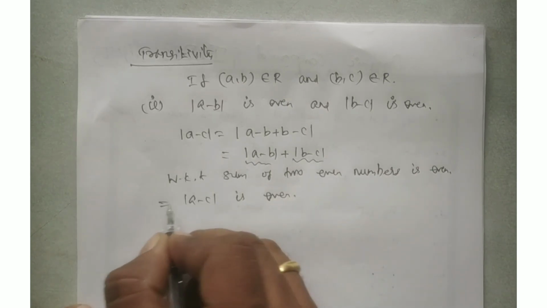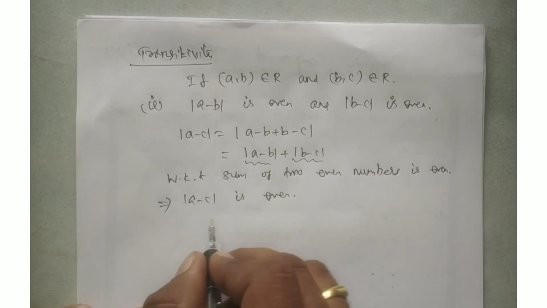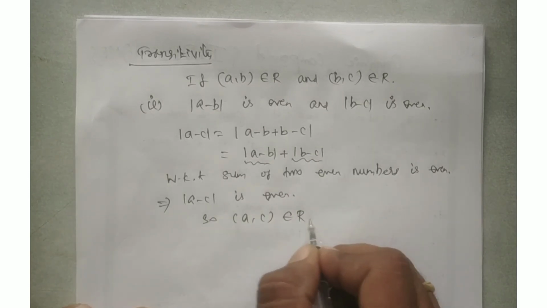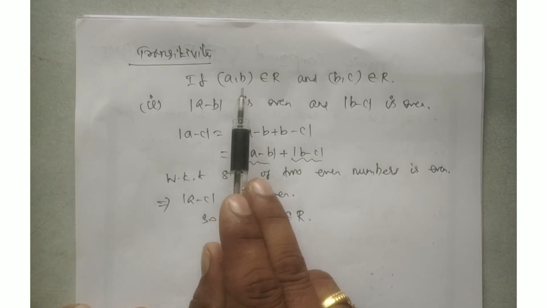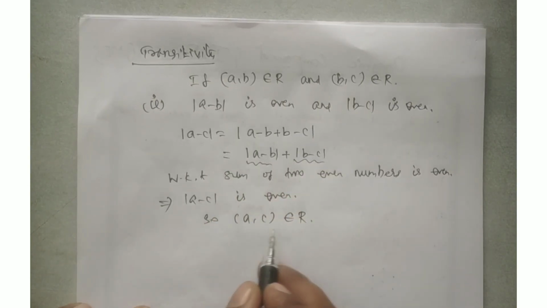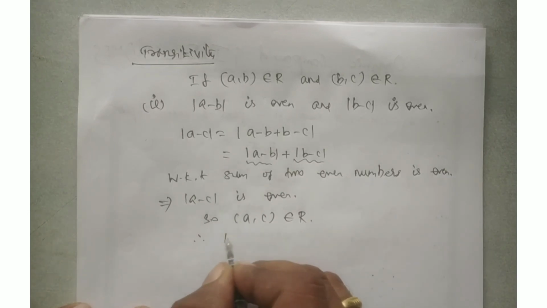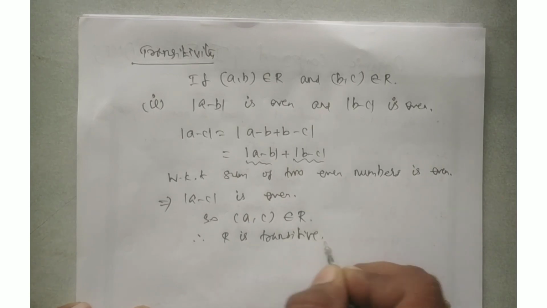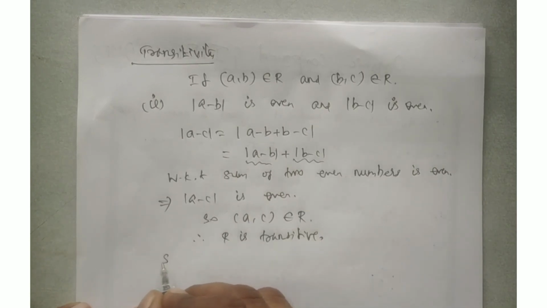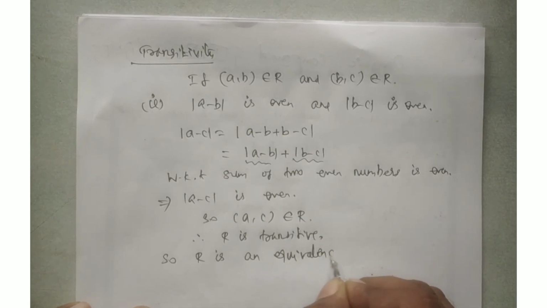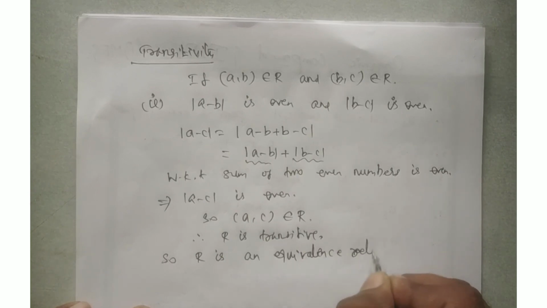This implies (A, C) belongs to the relation. I have taken (A, B) belongs to relation, (B, C) belongs to relation, and I have arrived at (A, C) belongs to relation. Therefore R is transitive. So finally I can say R is an equivalence relation.